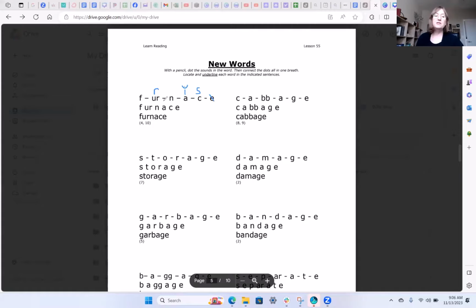So when you pencil read this word, we have F, ER, N, I, S. Pushing those sounds together, it's furnace, furnace, furnace. All right, I'll be quiet while you work on these next 3.